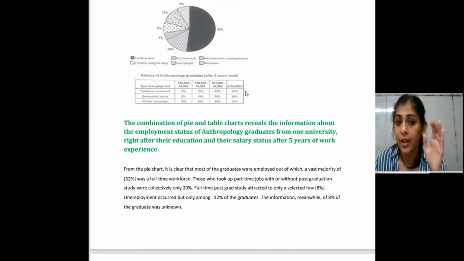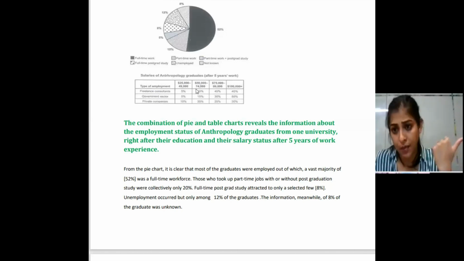Fine? Yeah. Those who are in the low income bracket, they are only few. For example, in the freelance consultant department, they are only 20%, if we make a sum total of those earning 25,000 to 49,000 and those earning $50,000 to 74,000.